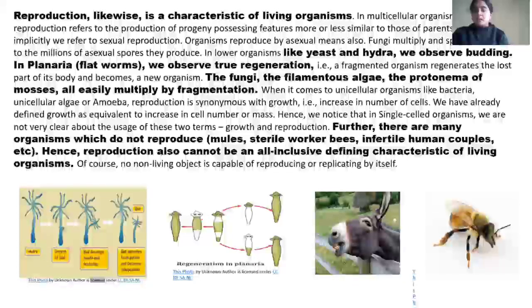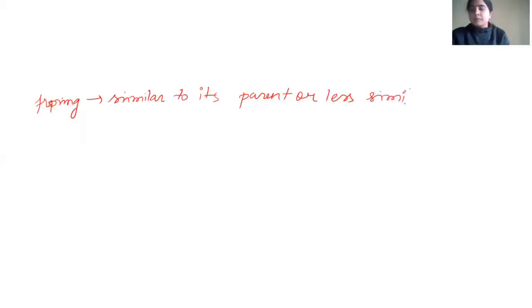Take the example of us: the offspring may be similar to its parents, or less similar. Like in humans, we are different from our parents, not an exact copy of them.